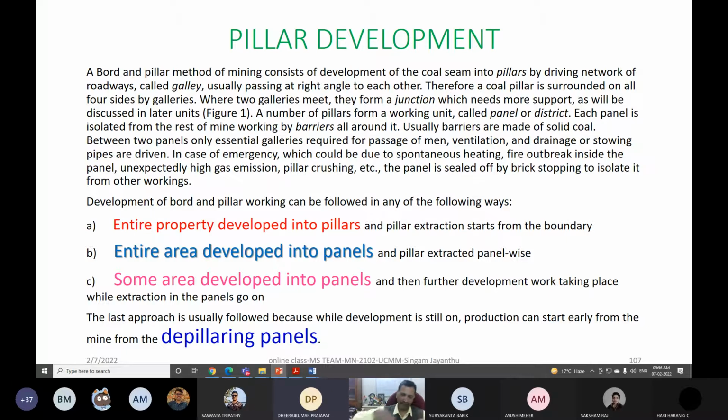If the stress is uniform, then circular shape is better. And then rectangular, whether it is a pillar or a shaft, whatever it is, the corners are subjected to more shear stresses. This is a very simple understanding. That much is fine. Now coming to the pillars.